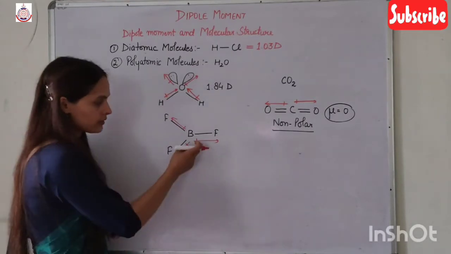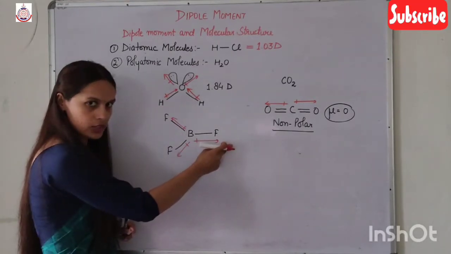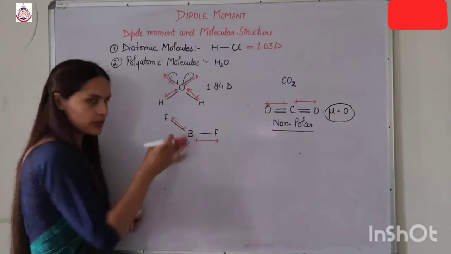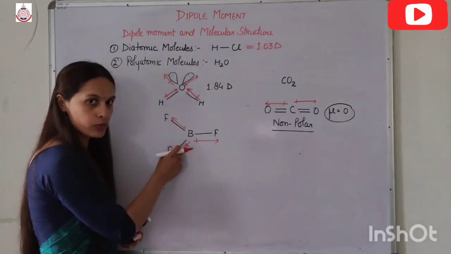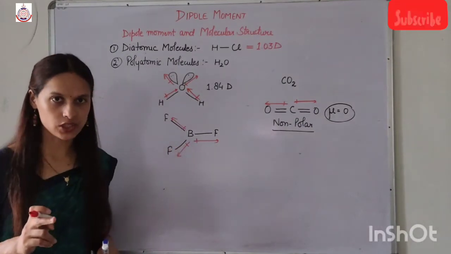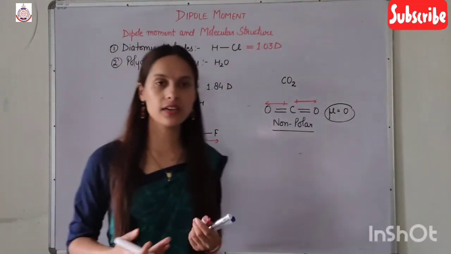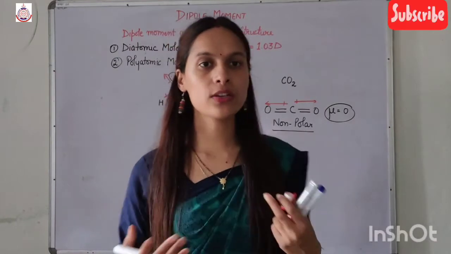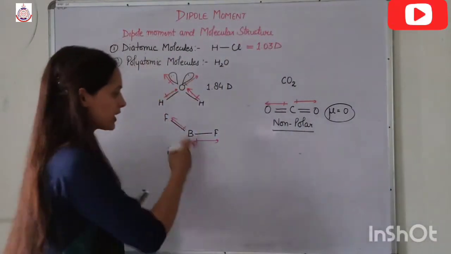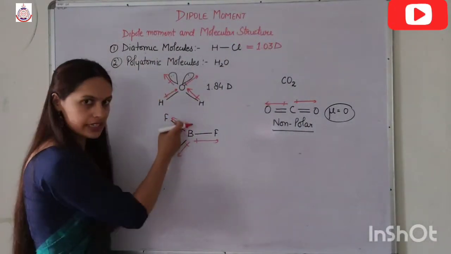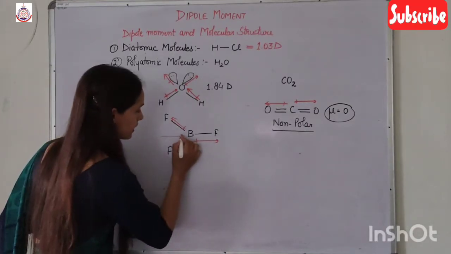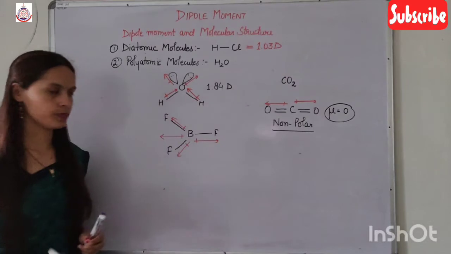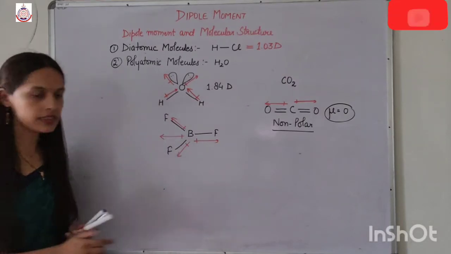Now, because this dipole moment is in one direction and these dipole moments are in different directions, when we calculate the resultant dipole moment of these two by vector addition, as you have studied in physics, we get a dipole moment in this direction.